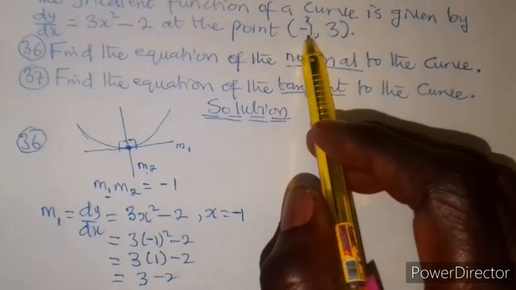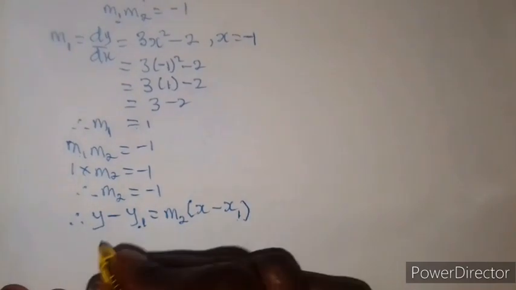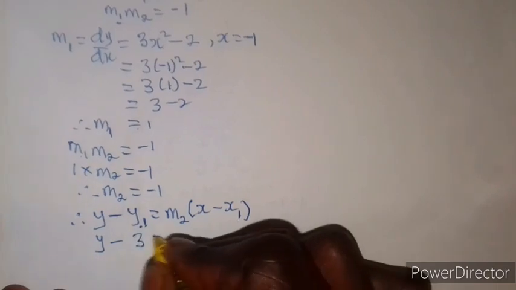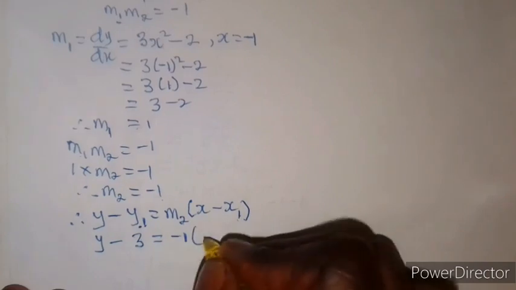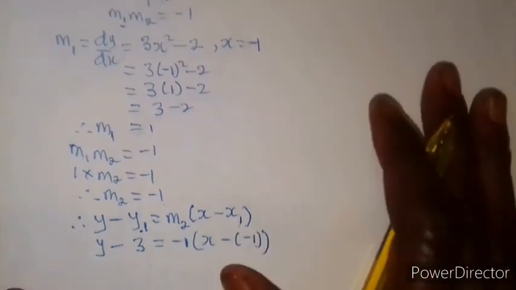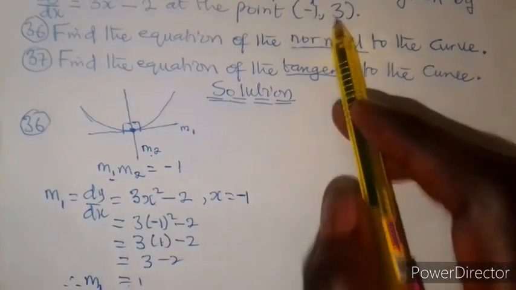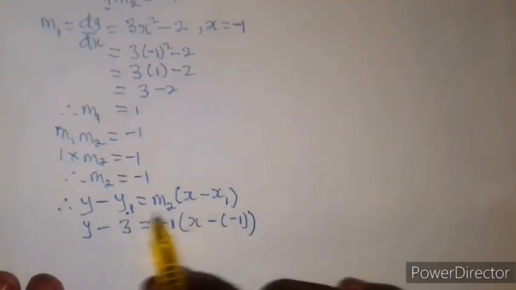Our x sub 1 is minus 1. Our y sub 1 is 3. So we can rewrite this equation as y minus 3 equals m sub 2, which is minus 1, times the bracket x minus (minus 1). So what we simply did is to take these values of x and y and plug them into the general form for a linear equation.